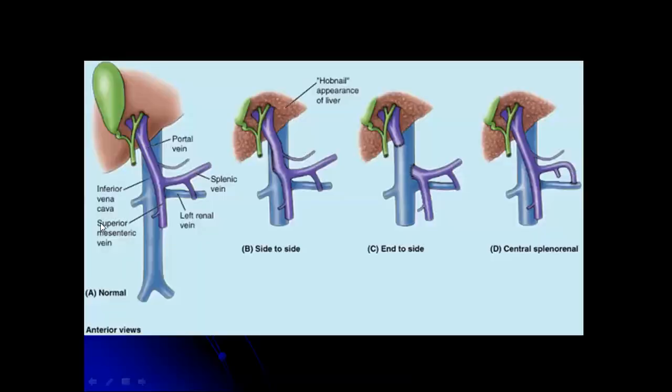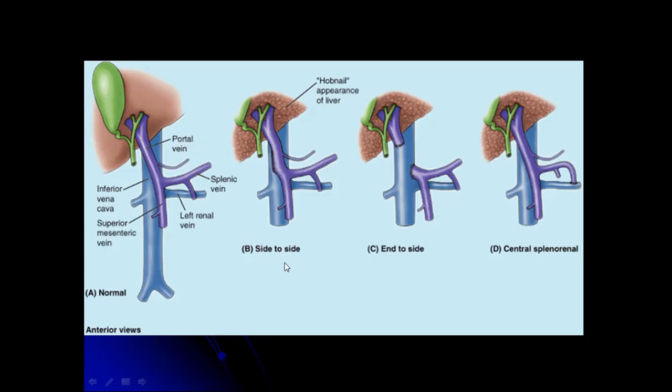You can see here the normal portal vein. This is the superior mesenteric vein and splenic vein, which we know drain into the portal vein. In case of portal hypertension, we can do different techniques: the main trunk of the portal vein is directly anastomosed with the inferior vena cava, or a part of the portal vein is cut and anastomosed with the inferior vena cava, or the splenic vein is allowed to drain into the left renal vein.